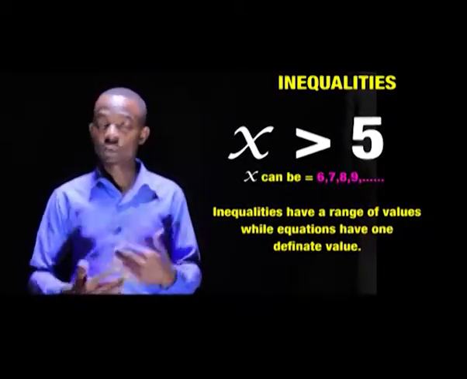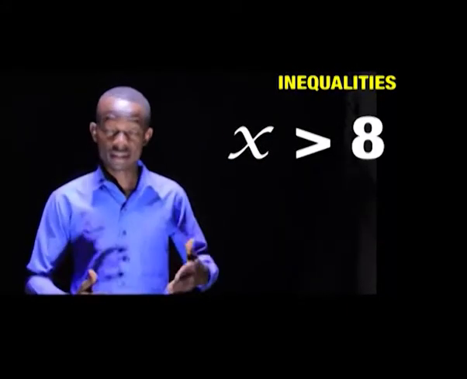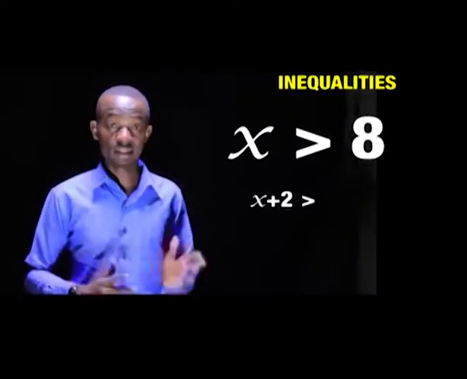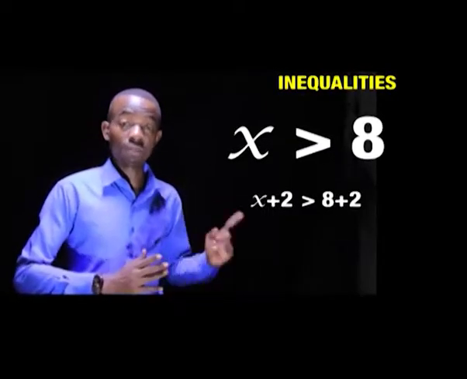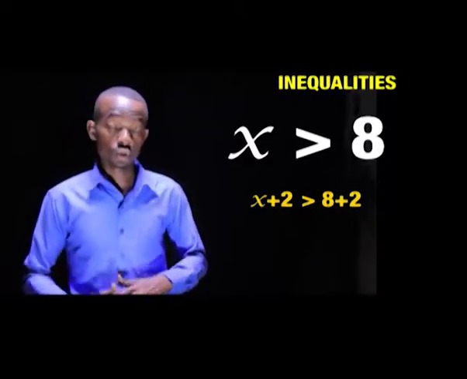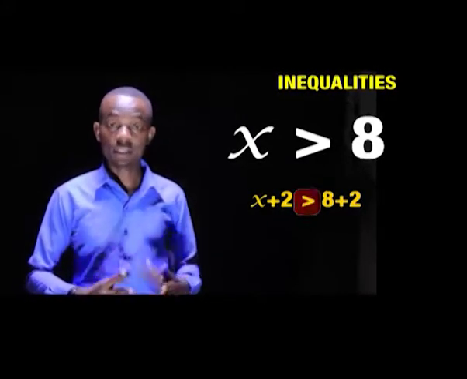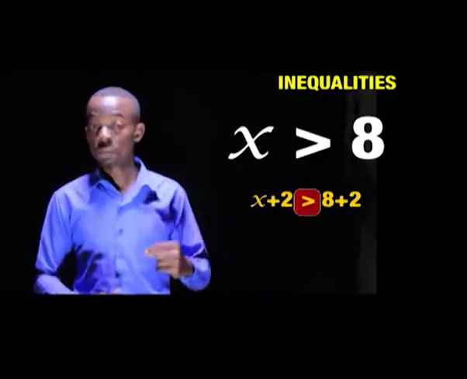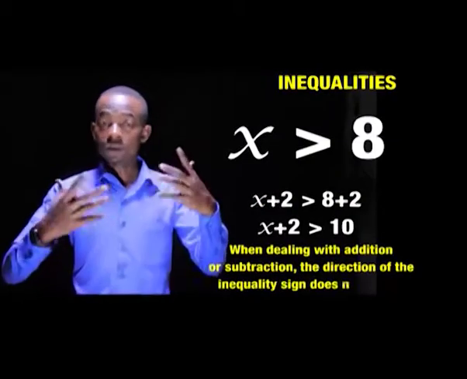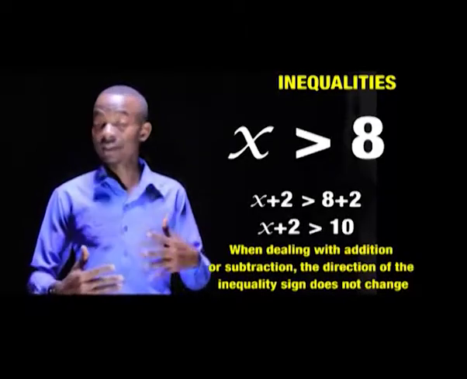For example, if I have x greater than 8, and I add 2 on both sides, on the left hand side I have x plus 2, on the right hand side I have 8 plus 2. The greater than sign does not change. My expression is x plus 2 greater than 10, because 8 plus 2 is 10.